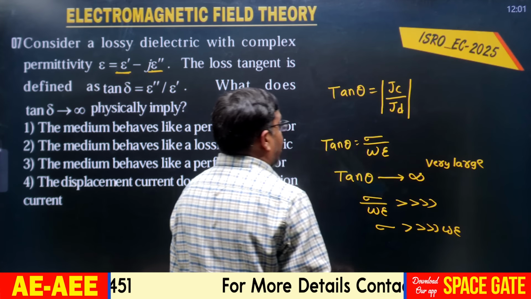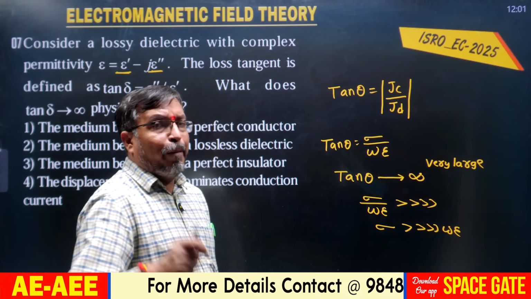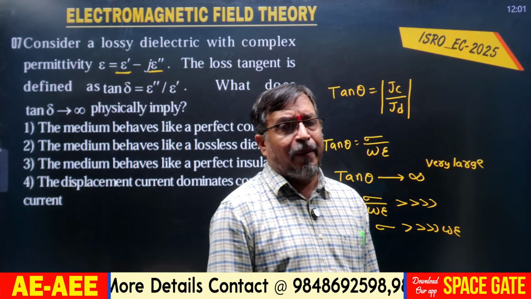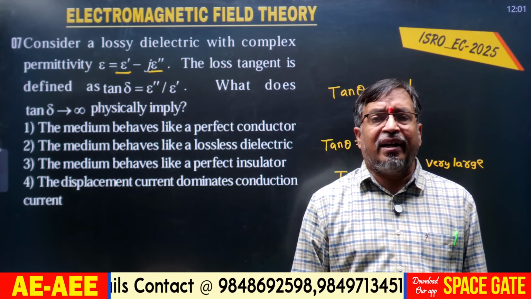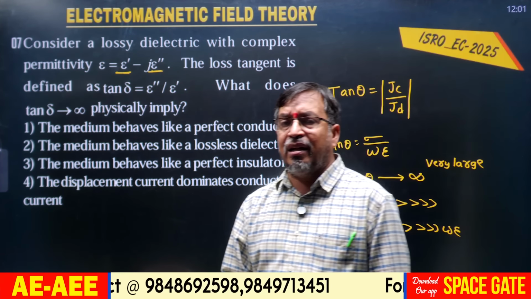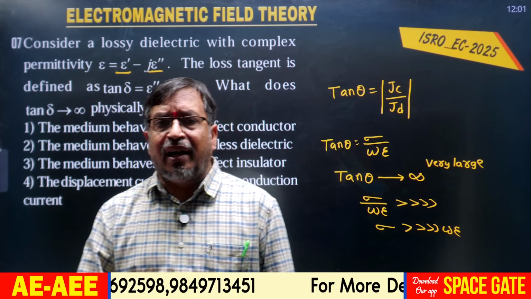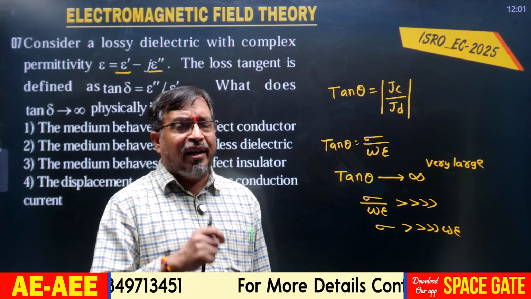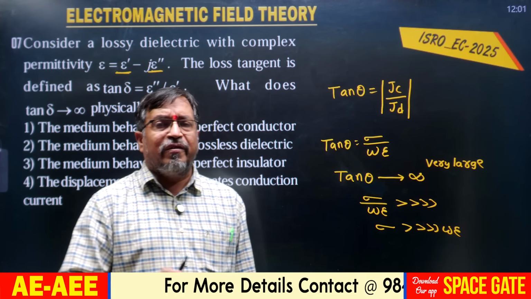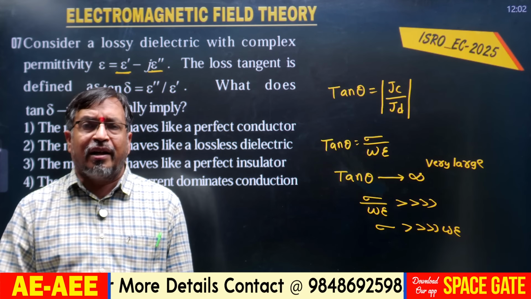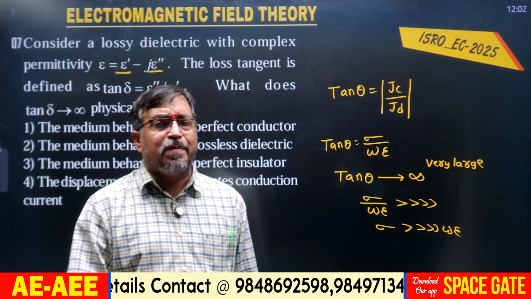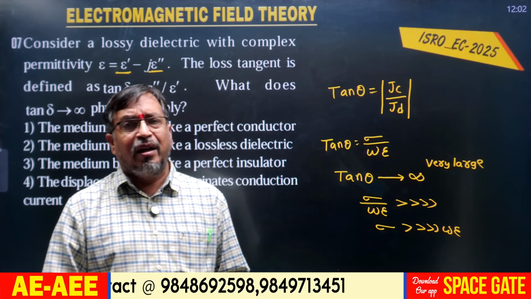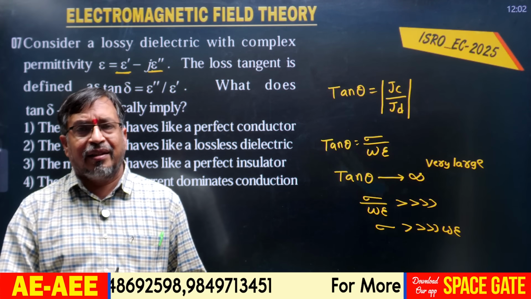That means the medium is a perfect conductor. Remember, the medium is a perfect conductor when the loss tangent tan theta is very large, tan theta tends to infinity, sigma is very much greater than omega epsilon, or sigma by omega epsilon is very much greater than 1. All these conditions are correct.